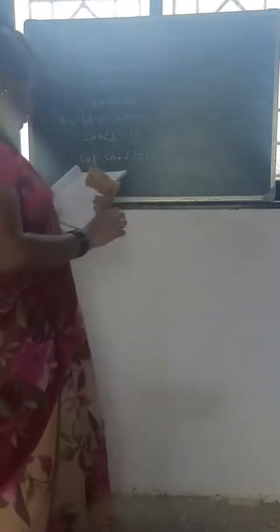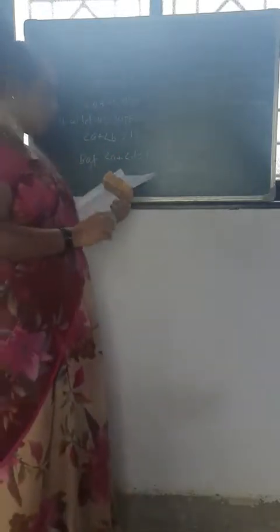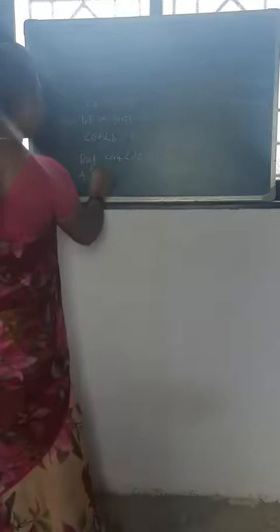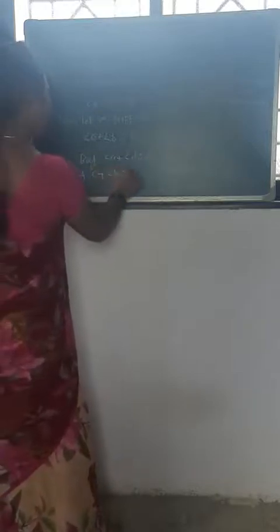But angle A plus angle D is equal to 180 degrees, and angle C plus angle B is equal to 180 degrees.